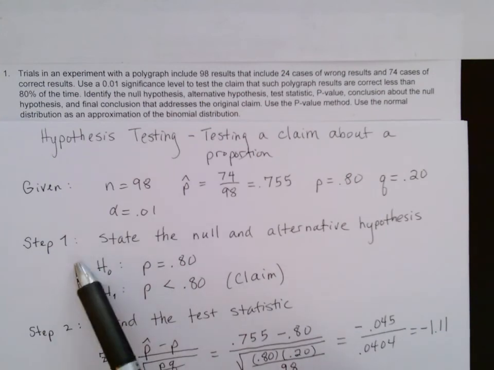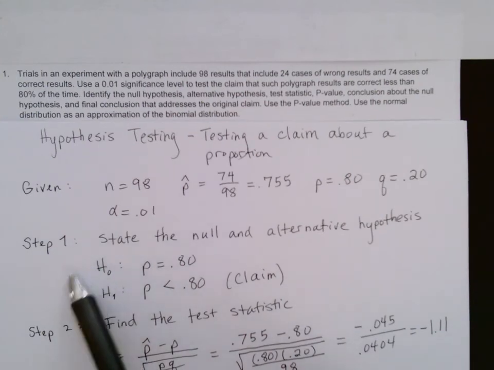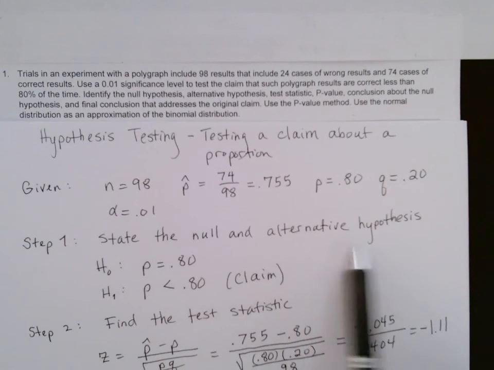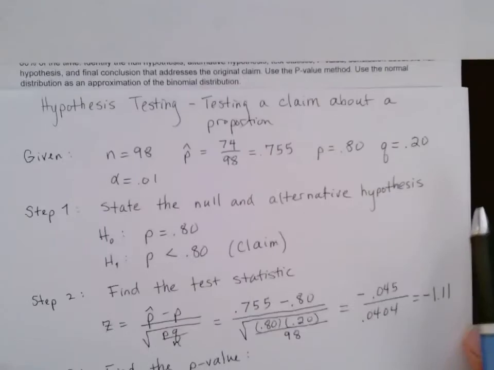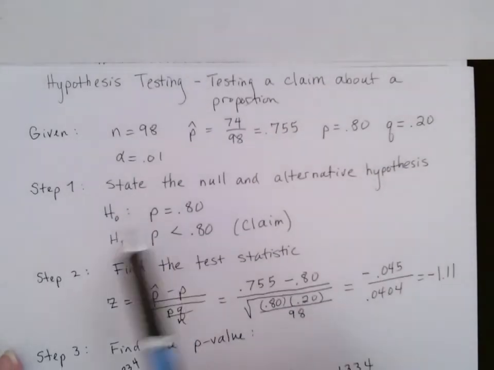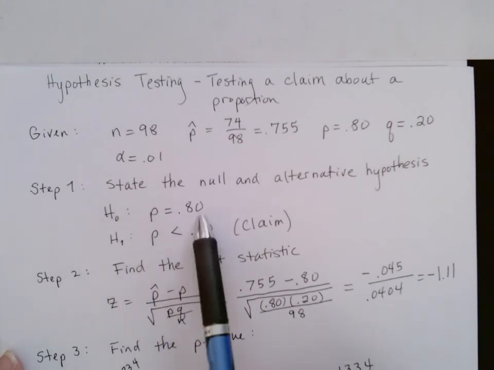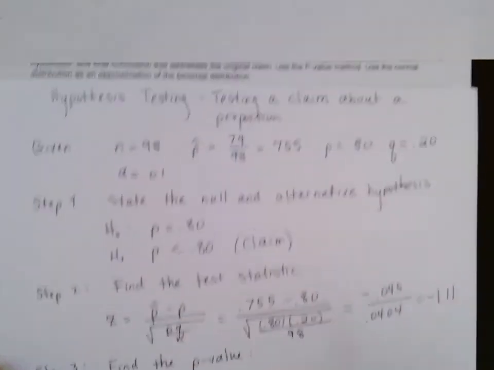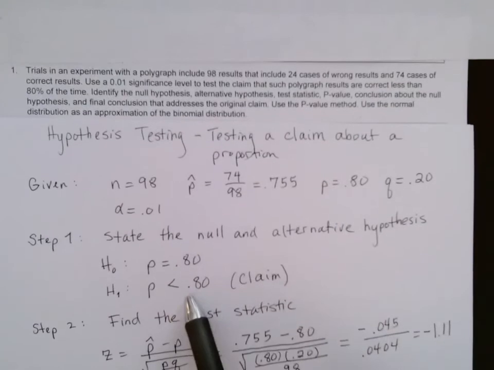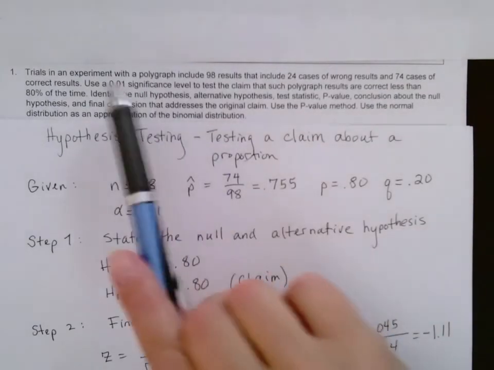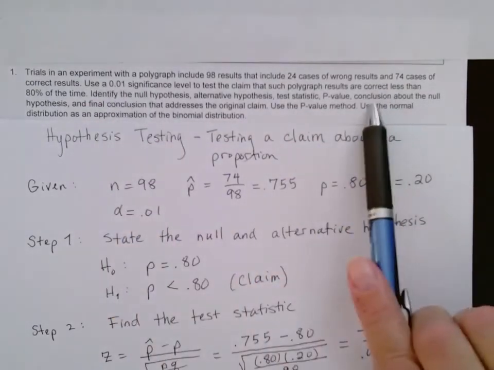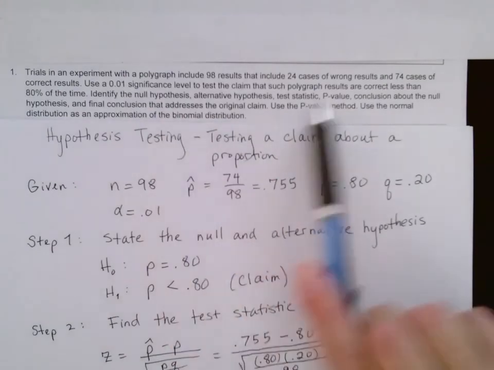So the first step in hypothesis testing is to list the null and alternative hypothesis, noting that the equal sign always goes with the null. We were told to test the claim that the proportion is less than 80% of the time.